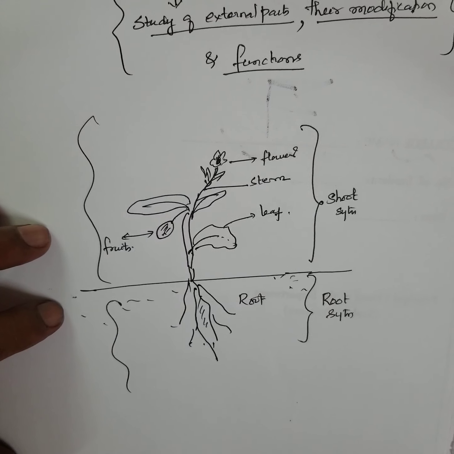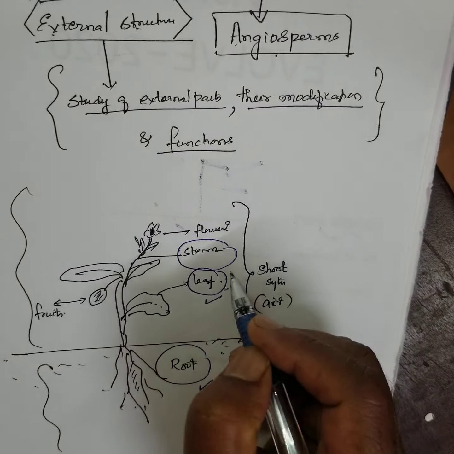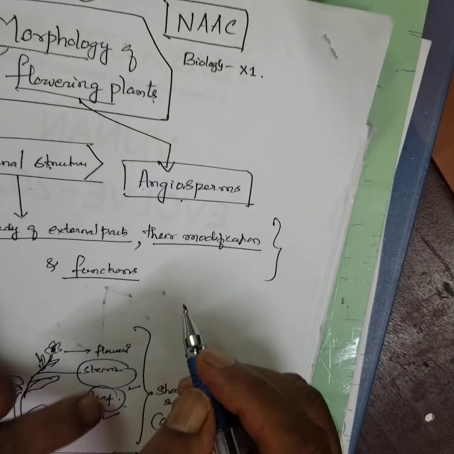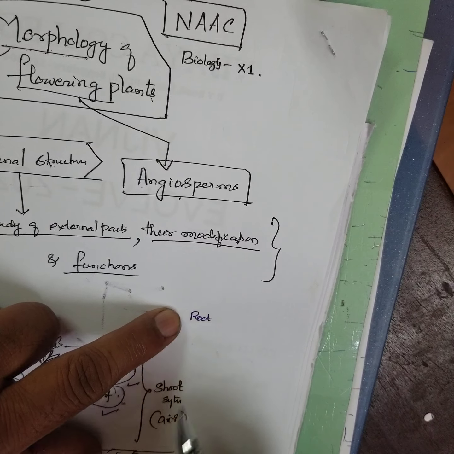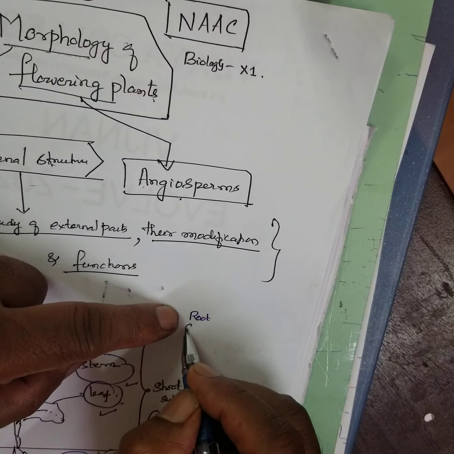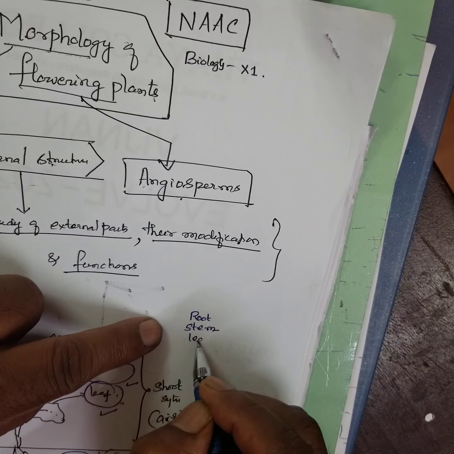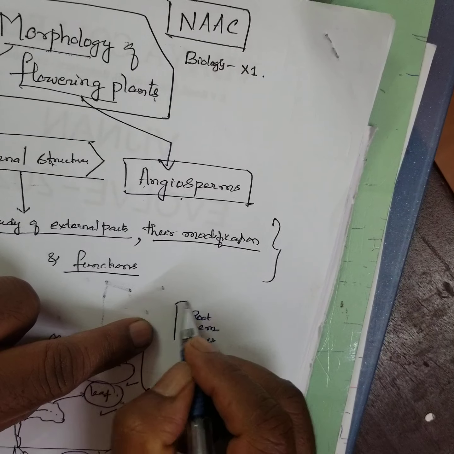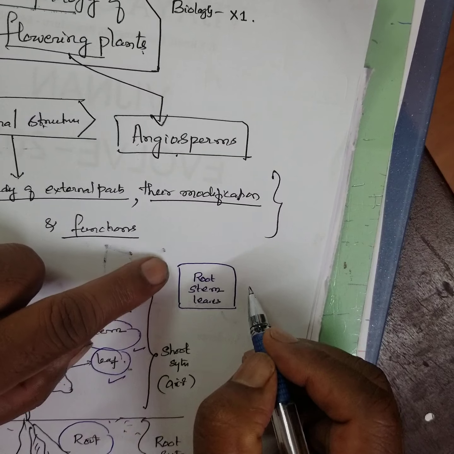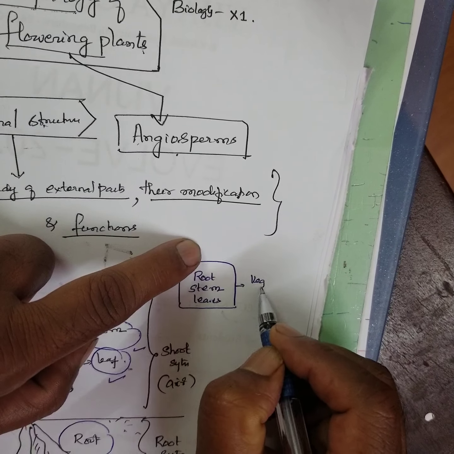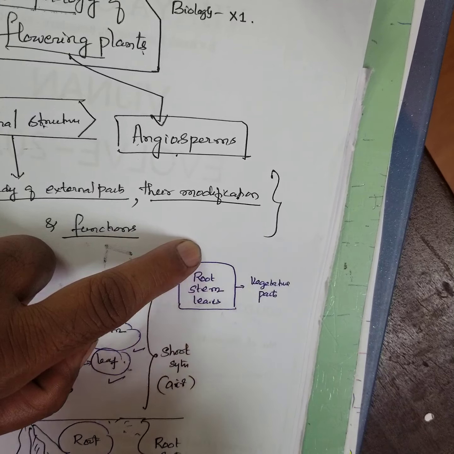See the three parts: the root, then stem and leaves. All these three together are called vegetative parts of the plant.